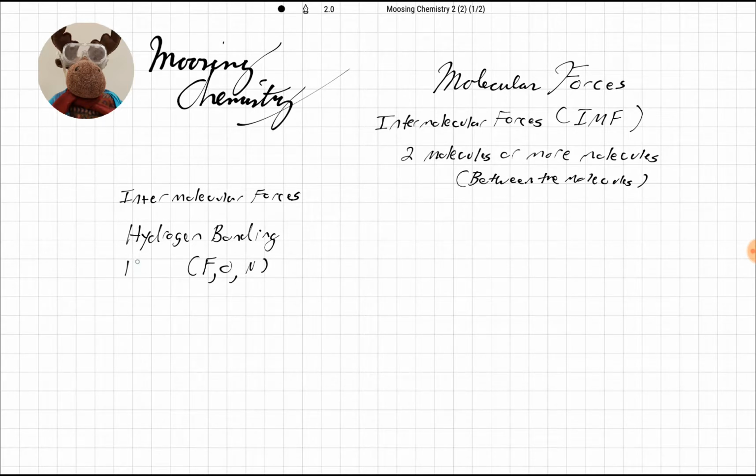So when hydrogen bonds with any of these characters here, you're going to create something called a hydrogen bond. And the most famous one we can think about is water. So water basically looks something like this. You've got a structure that looks like this. And by the way, water is a polar covalent molecule.